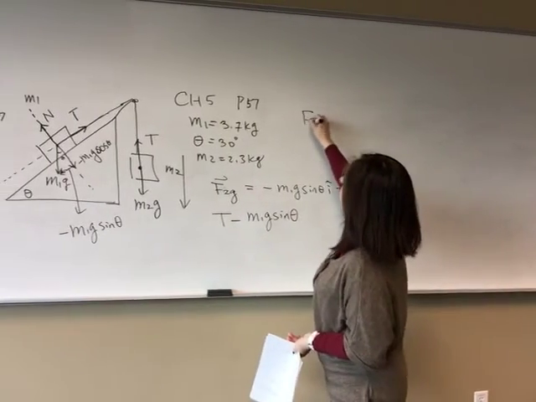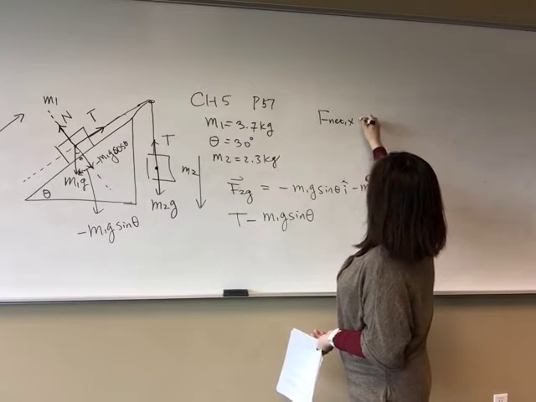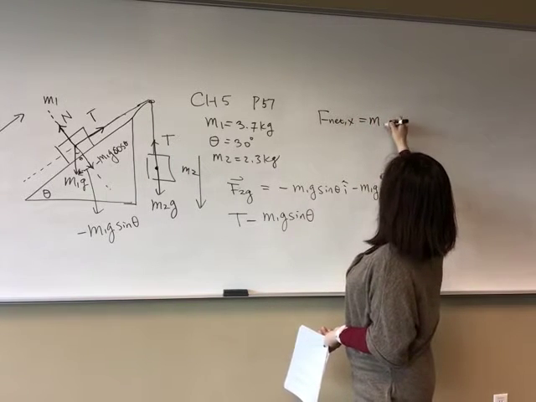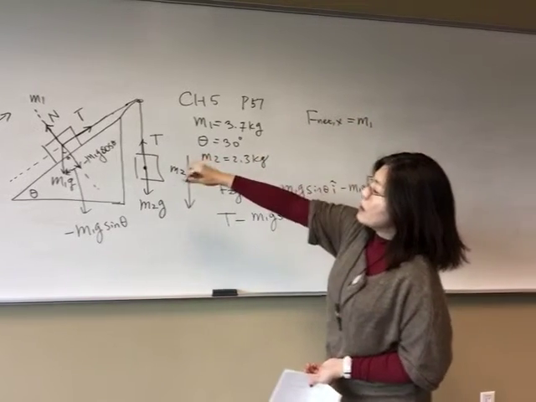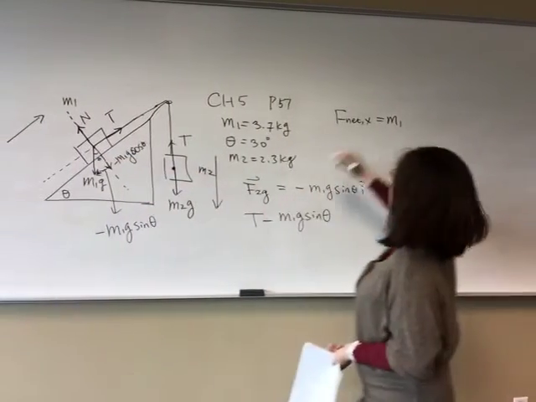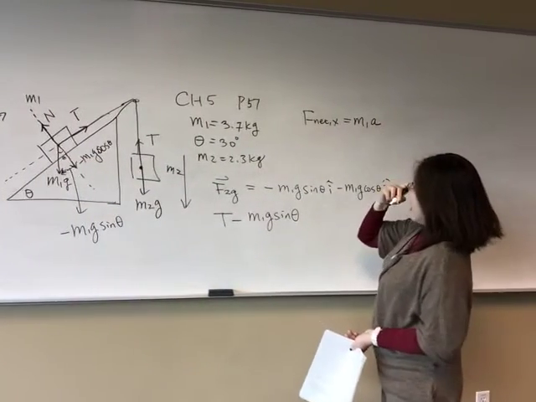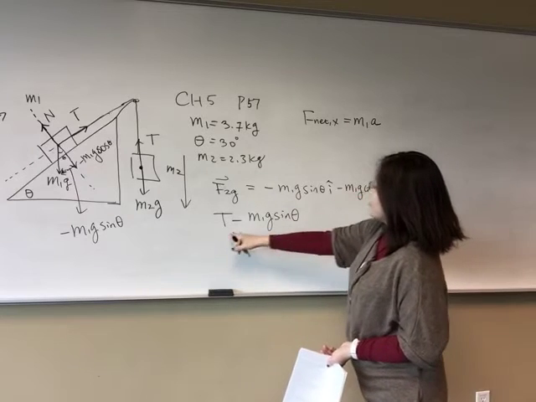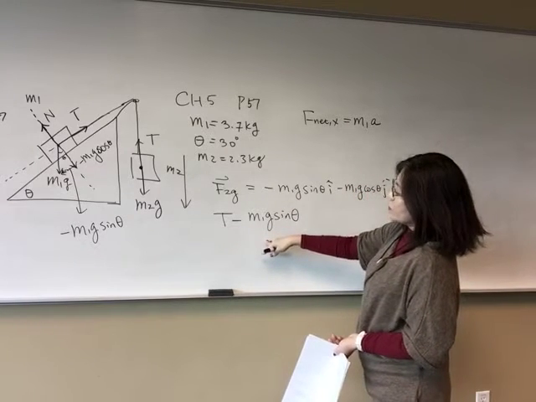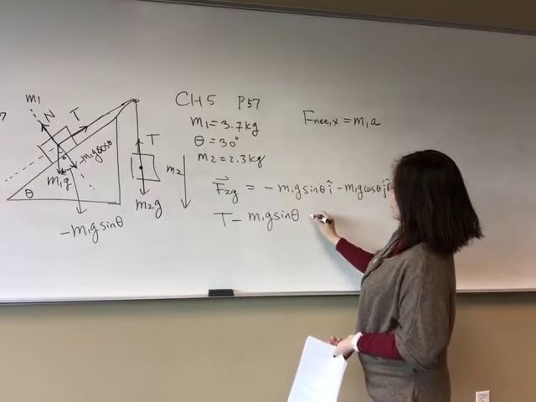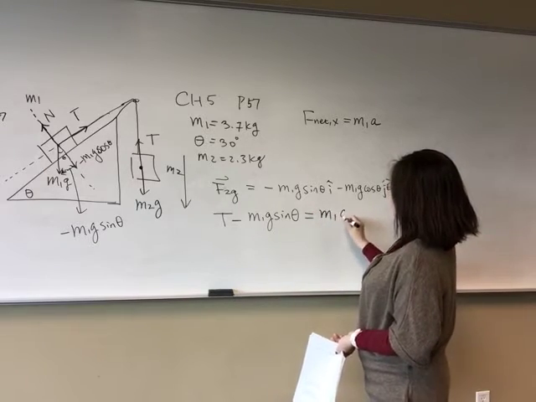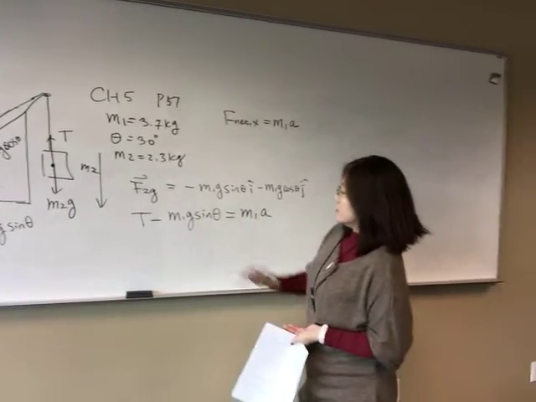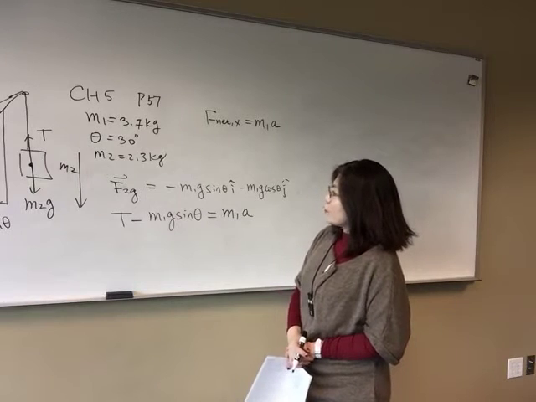So the net force in the horizontal direction is equal to ma. Because we're applying this to this block, that's your M1a. So you have the tension and the gravitational component, and that has to be equal to M1a.